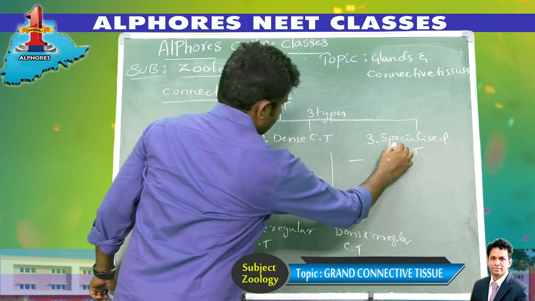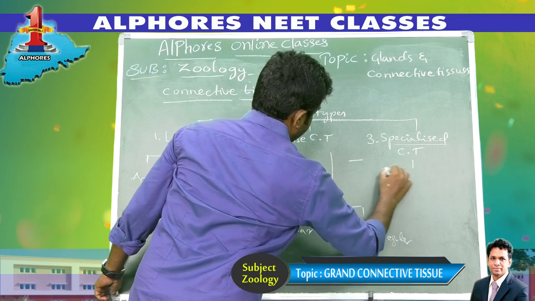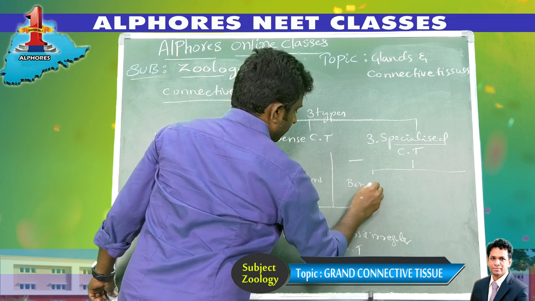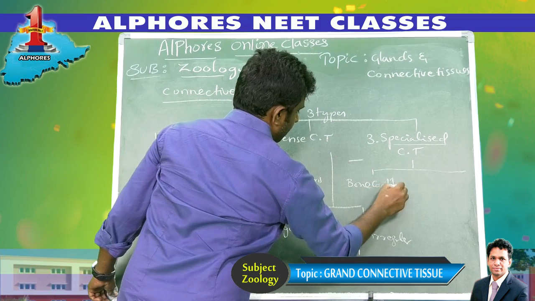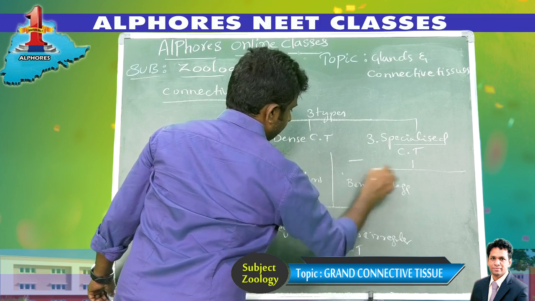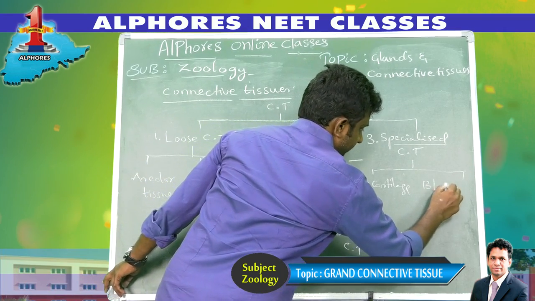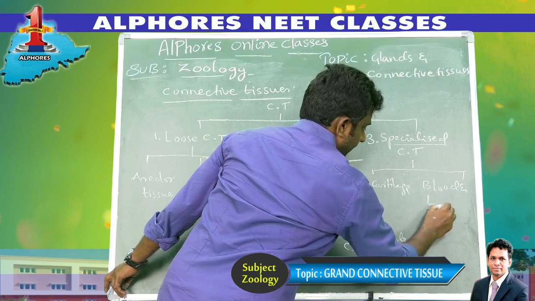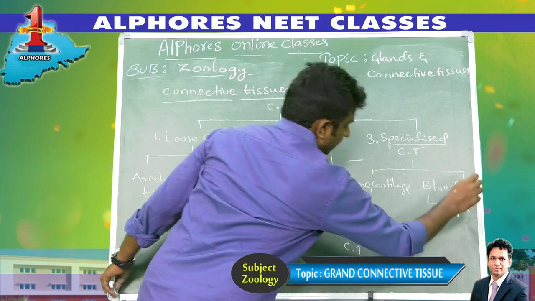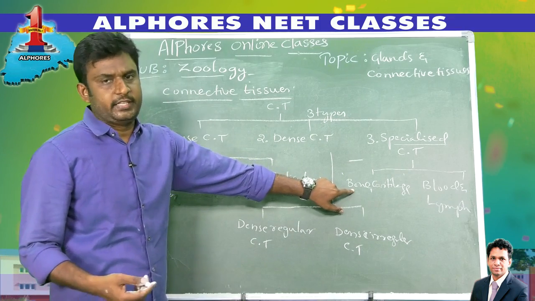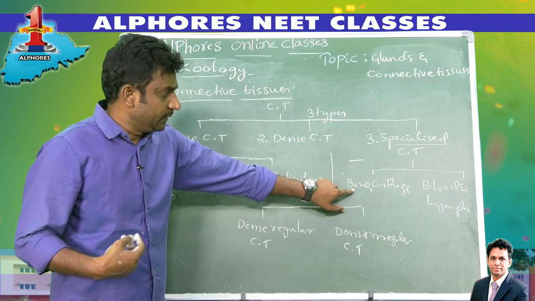Next, specialized connective tissues. Specialized connective tissues are of two kinds: bone and cartilage, then blood and lymph. These are special connective tissues in our body. Bone provides the strength.